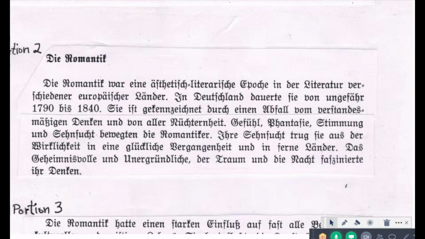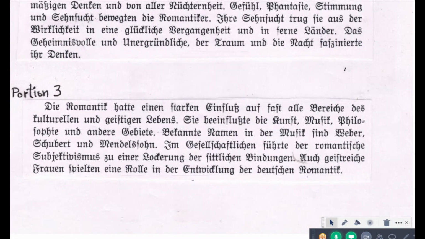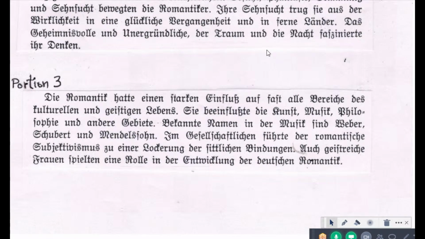This is our third section that we're looking at today, 27 portion 3. On Monday, we went in detail through the alphabet of the Fraktur script. If you want to review that, just flip back to the first segment of this series.